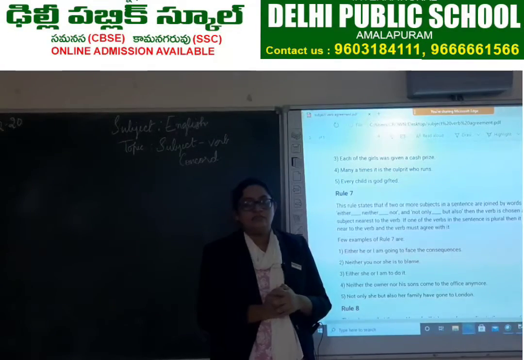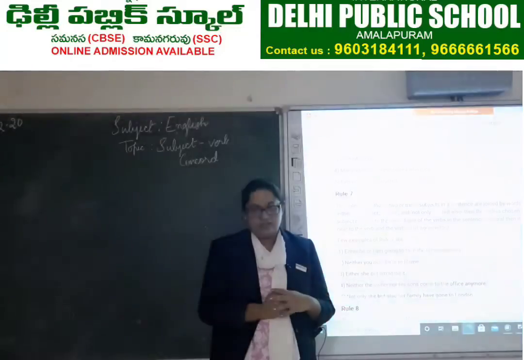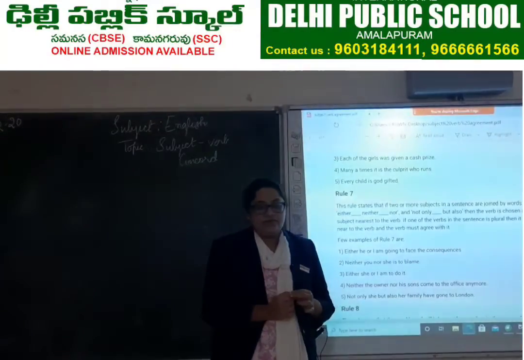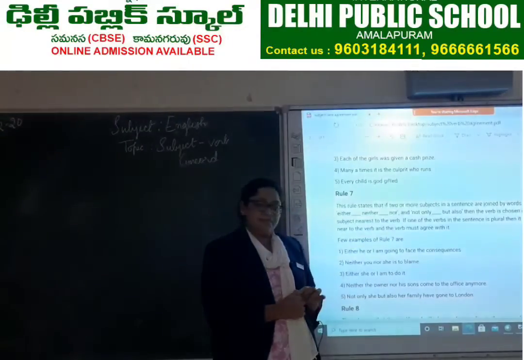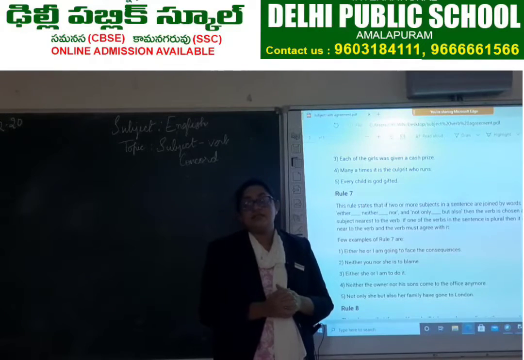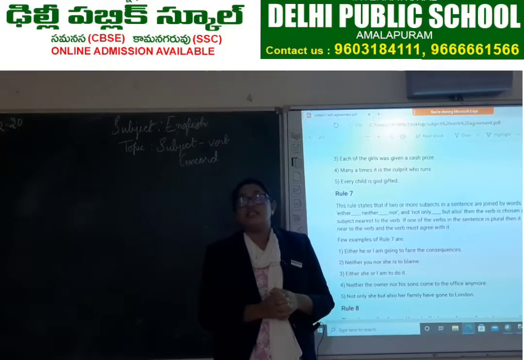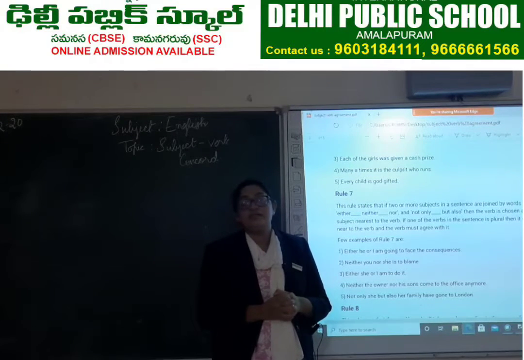The owner and his sons are subjects, right? Then what is the verb in that? Come is the verb. Which are the subjects? Okay. Yourself, Danish. Which is the object?